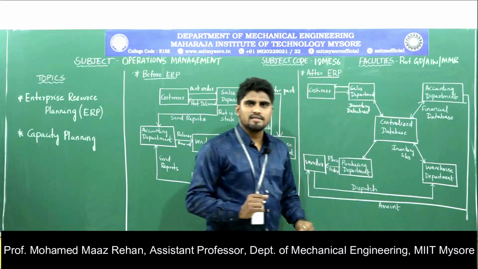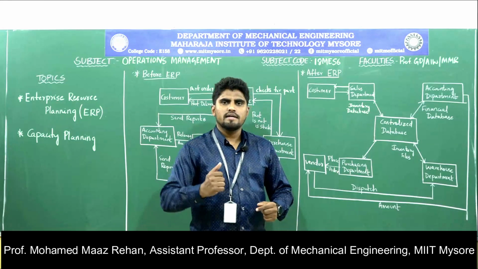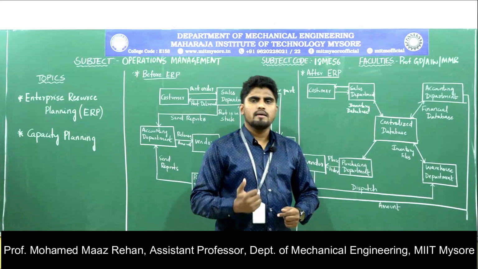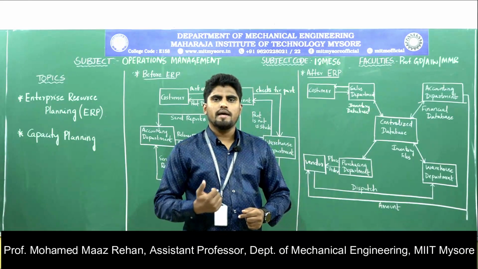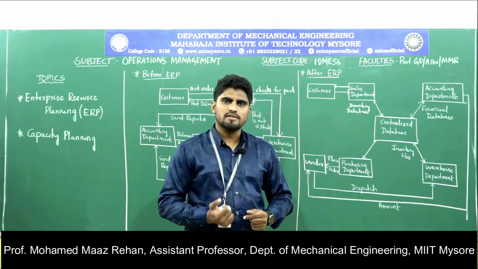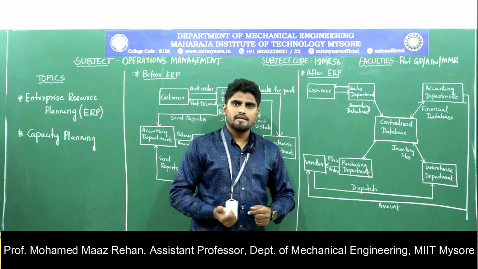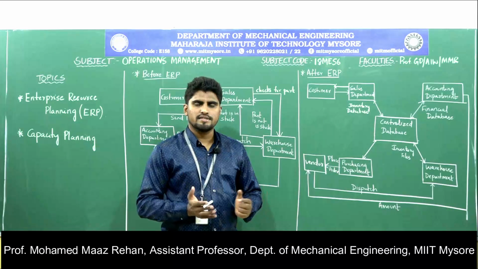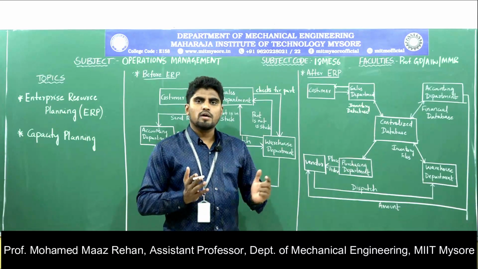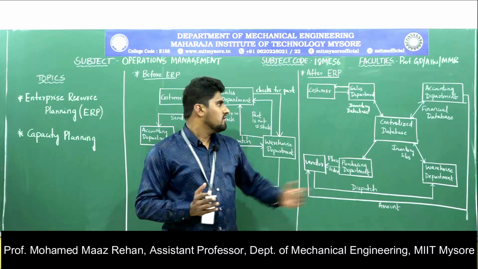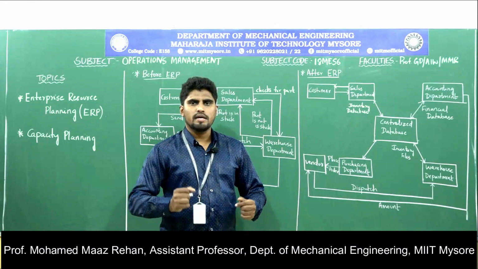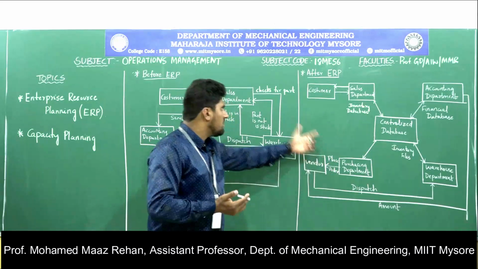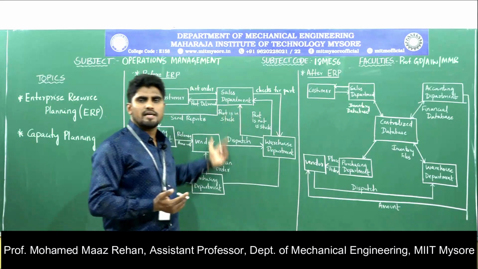So if you have access to a centralized database, you can avoid mistakes, errors, duplications, and redundancies. If you have a proper structure in a coordinated manner, that is how the ERP system works.